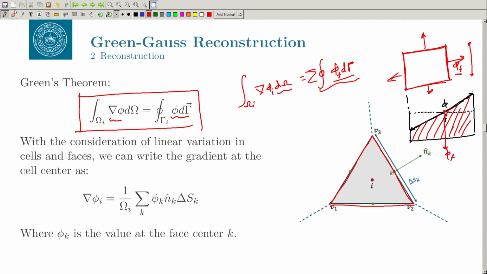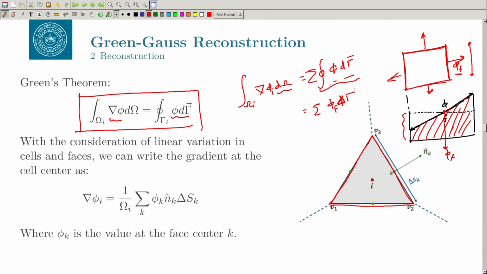So the integral value of this will just become phi f into the area, basically delta gamma.